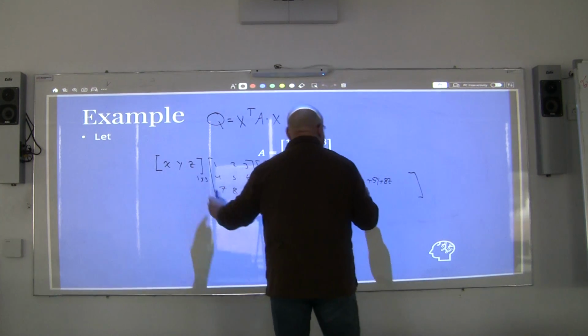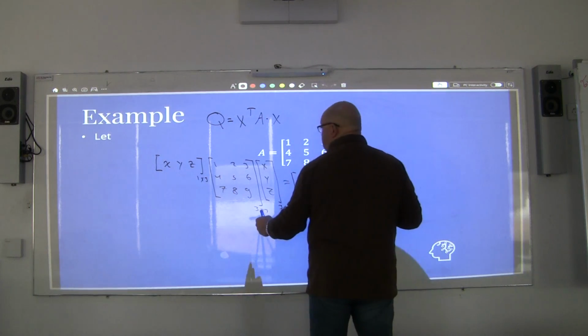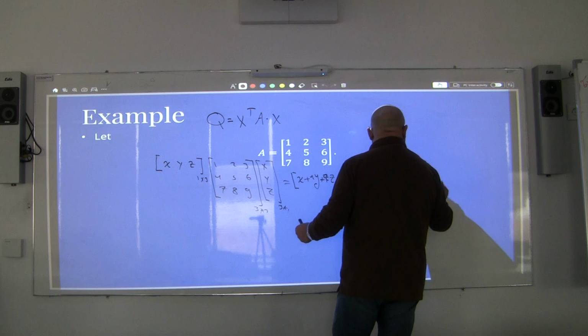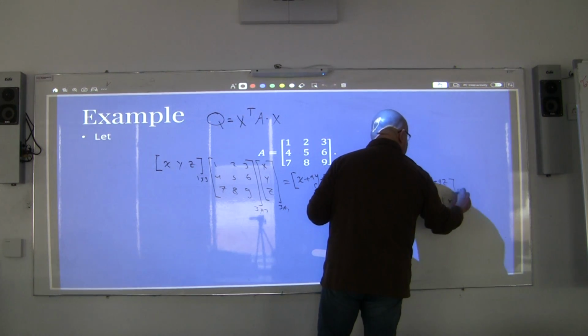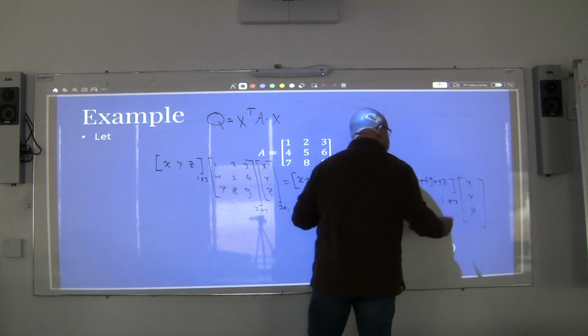And finally, I will multiply x, y, and z times the last column, which leads to 3x plus 6y plus 9z. That's the 1 by 3 matrix, multiplying it by x, y, and z once more.